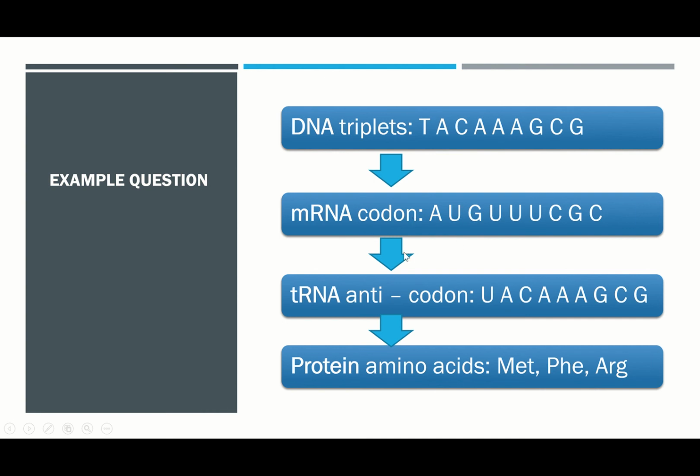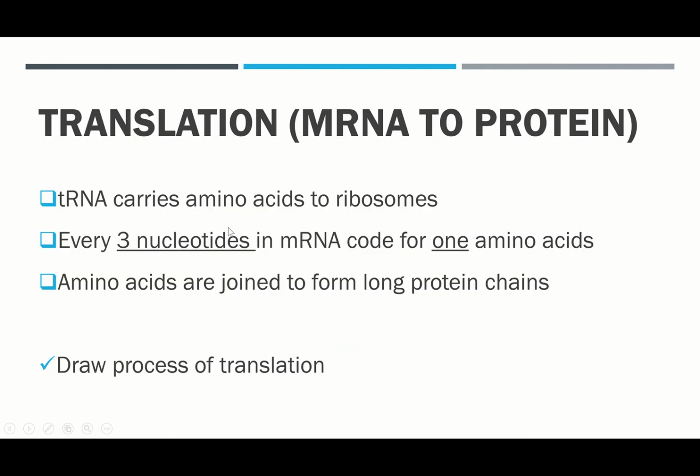Now, a tRNA is right here. tRNA matches up with the codons, and they are called anticodons. And at the end, each tRNA carries an amino acid. So you will literally have 3 nucleotides in one codon pairing up with 3 nucleotides in one anticodon.